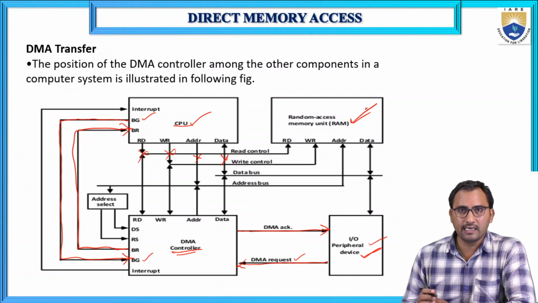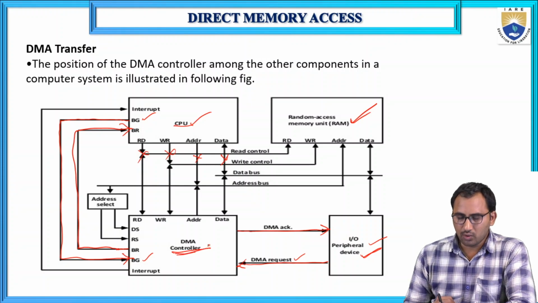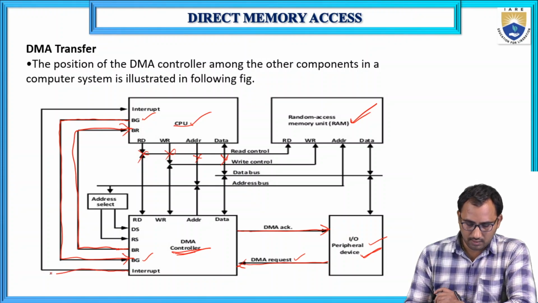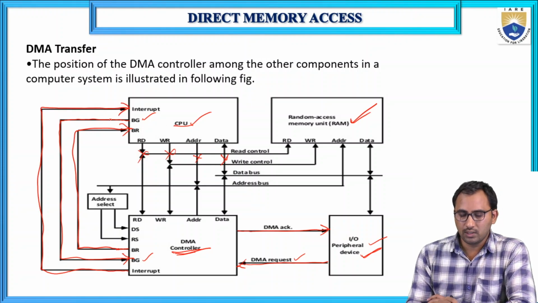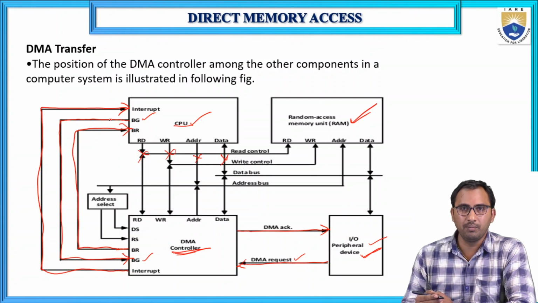Once the data transfer is completed, the DMA controller will send an interrupt signal to the CPU. That interrupt signal informs the CPU that the data transfer process has been completed.